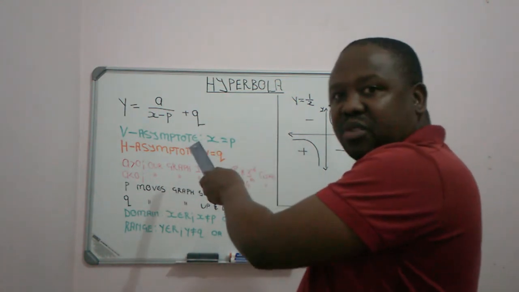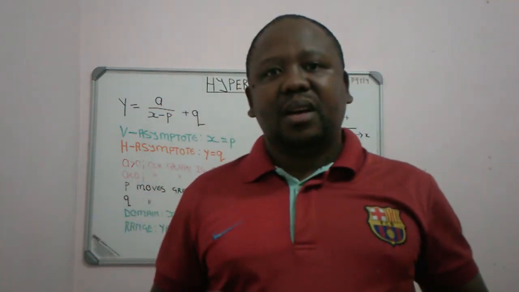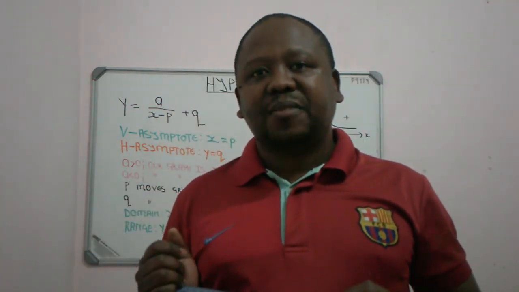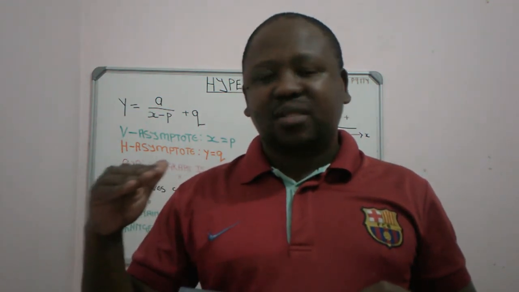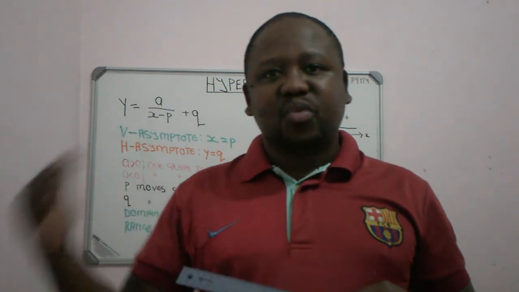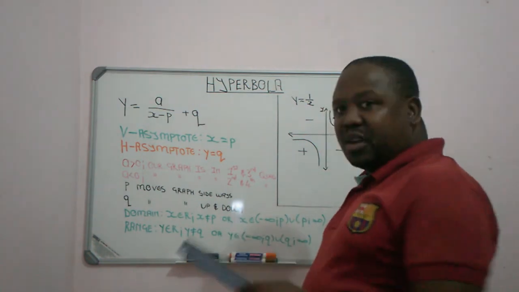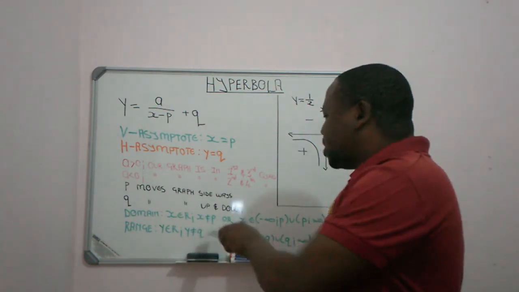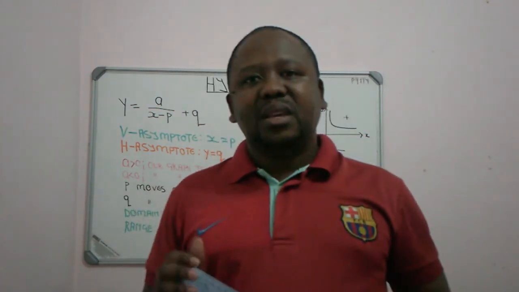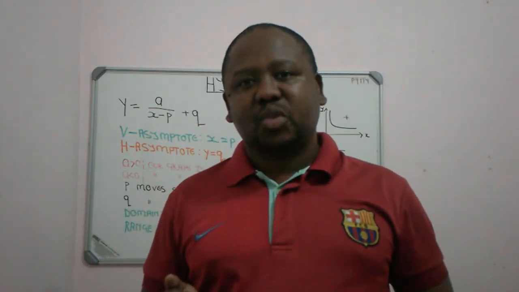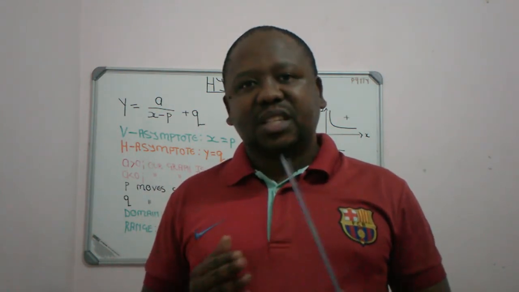It doesn't stop anywhere or it doesn't turn anywhere, like in the case of our quadratic functions, where in our range we have where it starts or where it ends. In this instance, it goes all the way, and then we are saying it's not equal to p. Why? Because p is our vertical asymptote, and our graph must not touch the asymptotes.